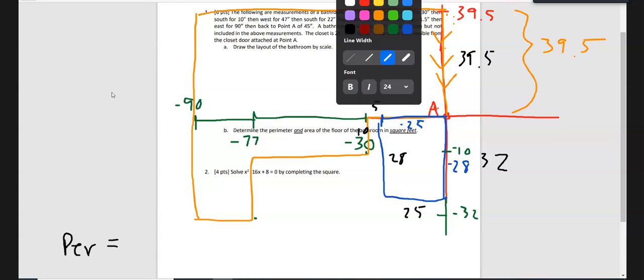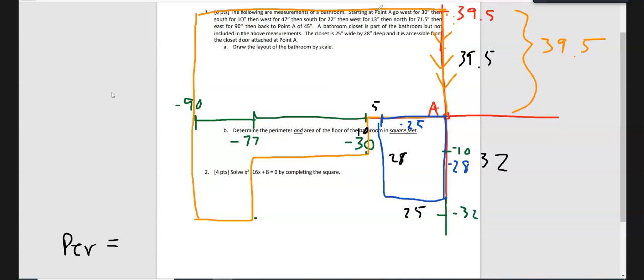So the orange part is going to be 90 times 2 plus 71.5 times 2. But that's not the only part of the perimeter.